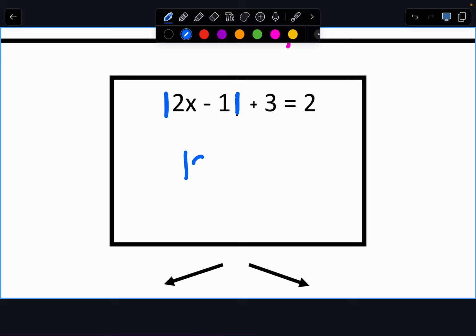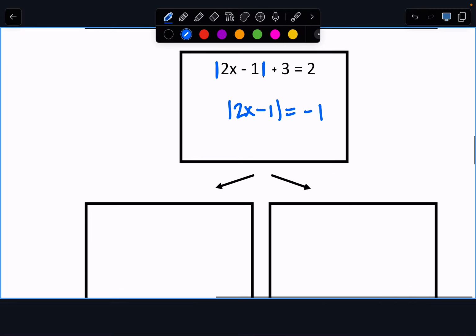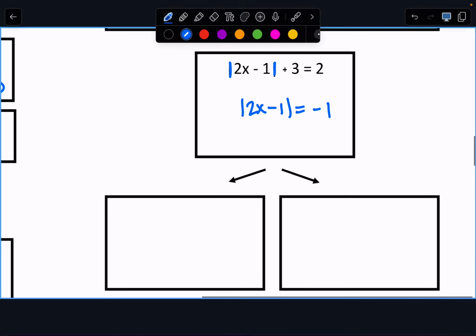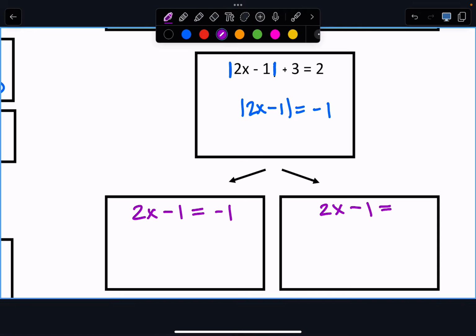Okay, so the absolute value of 2x minus 1 equals negative 1. Now, we are going to break this up into two separate equations. 2x minus 1 equals negative 1, and 2x minus 1 equals positive 1.